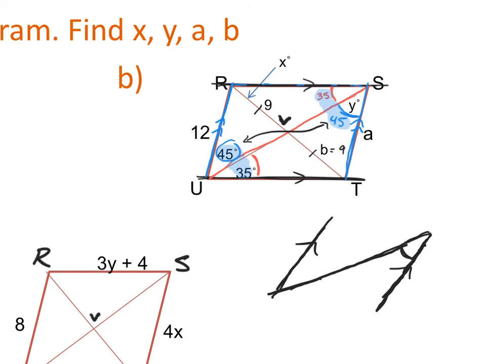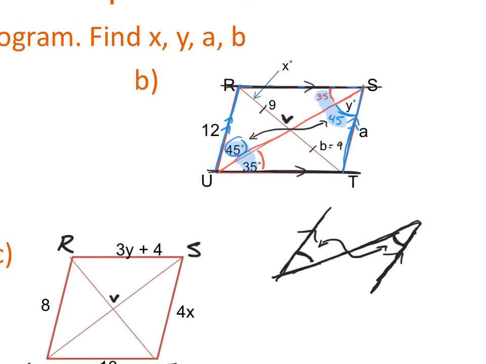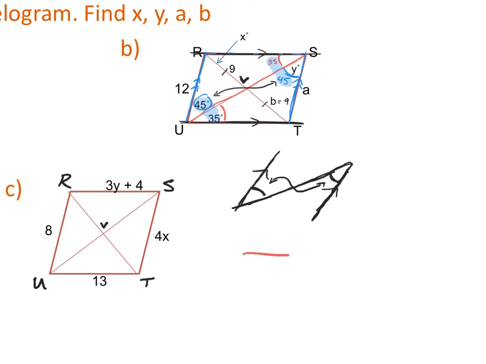Then it must be true that this angle right here and this angle right there are congruent to each other because of alternate interior angles. And the same goes for if the top is parallel to the bottom, and we have that same diagonal line, then this one would be congruent to this one, or 35 and 35. So that's why the two alternate interior angles are congruent.